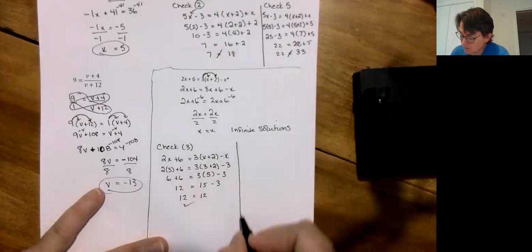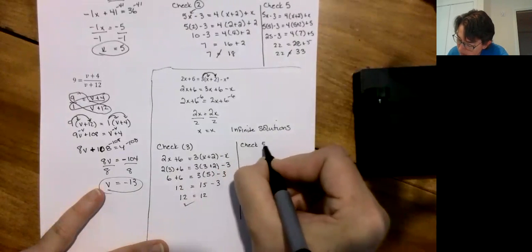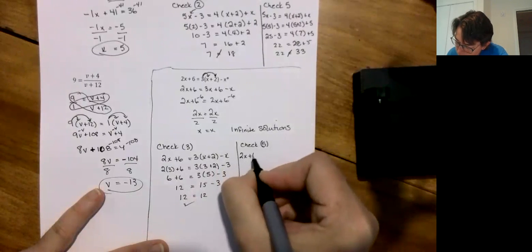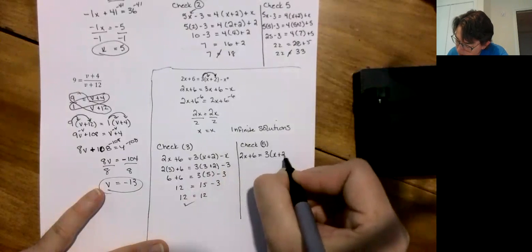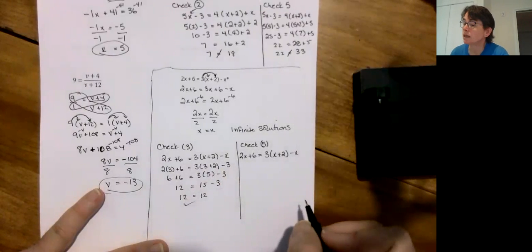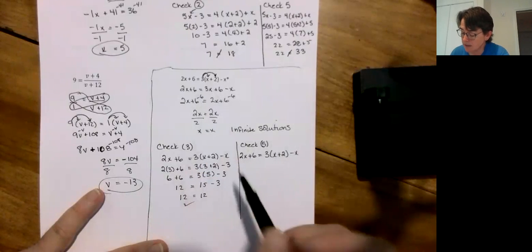Cool. But here's where it gets weird. I'm going to pick 5 just to show you what happens. 2x plus 6 is equal to 3x plus 2 minus x. Can't emphasize enough. If you're doing a check, please go back to the very first step of the original equation and start there.